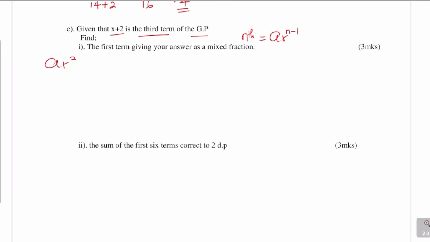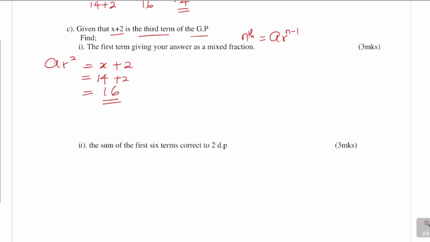And since we are given the third term of the GP is x plus 2, and since we have the value of x, you just need to substitute. x is 14, plus 2. So this gives 16.